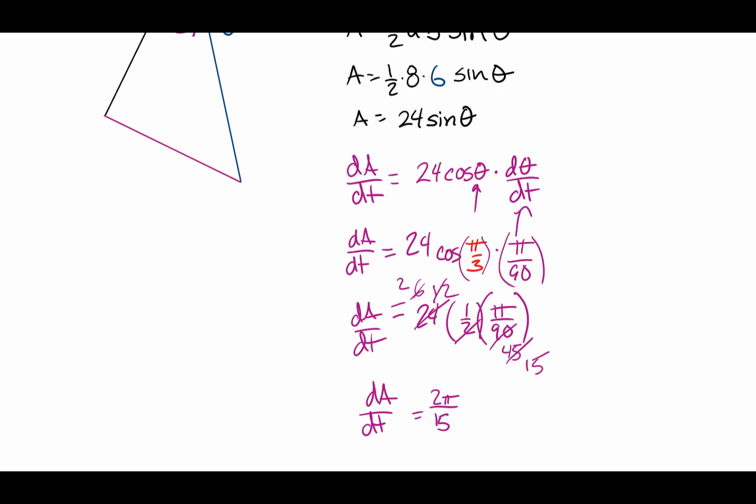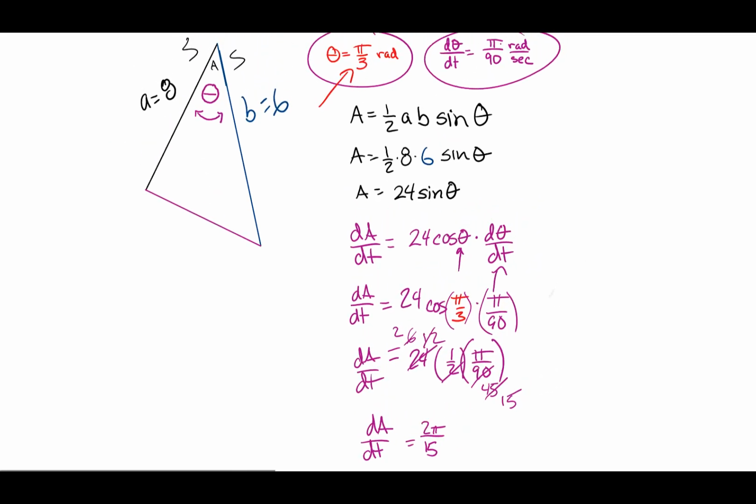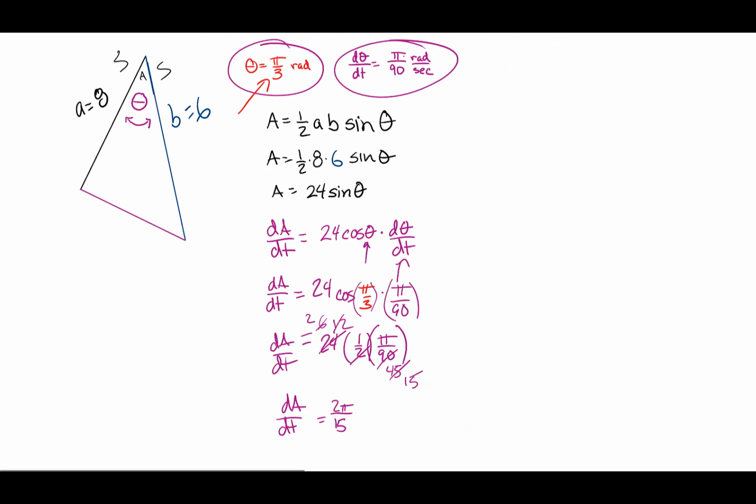2 pi over 15 is equal to the change in our area with respect to time. But if we're talking about area, back to units. Wait, area. In your house or your apartment, when you rented it, was it 1,000 square feet or was it just 1,000 feet? Area has to do with 2 dimensions. Lengths deal with 1 dimension, and volume, we think about in 3 dimensions.